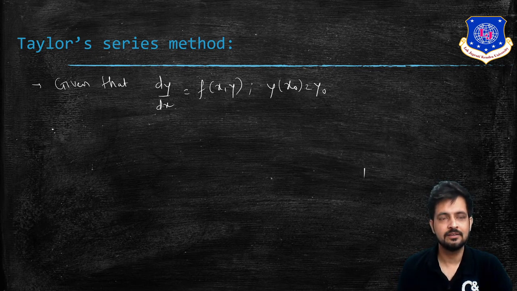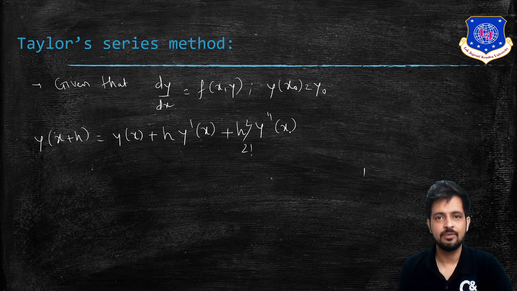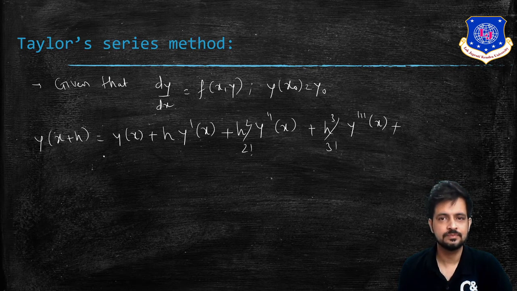And if I want to find the value of y of x plus h, then by applying the Taylor series, I can write it like this: y of x plus h is equal to y of x plus h into y dash of x, plus h square by 2 factorial y double dash of x, plus h cube by 3 factorial y triple dash of x, and so on, up to h raised to n upon n factorial into y raised to n of x.